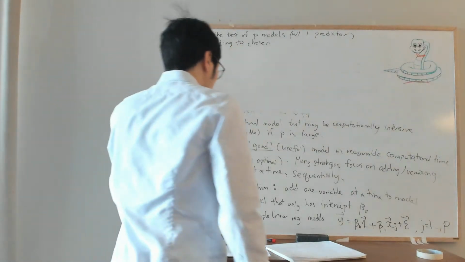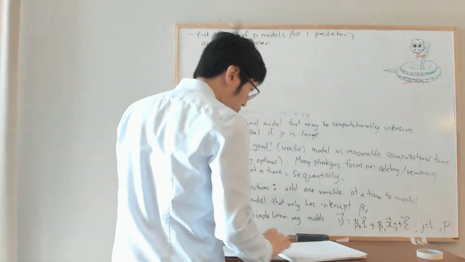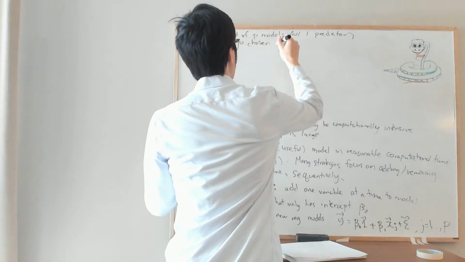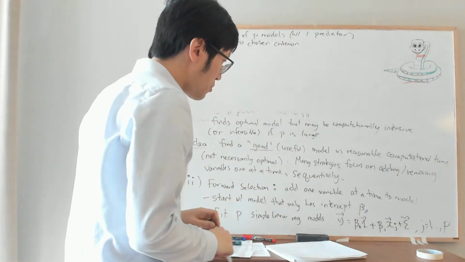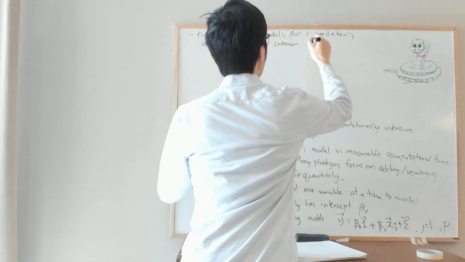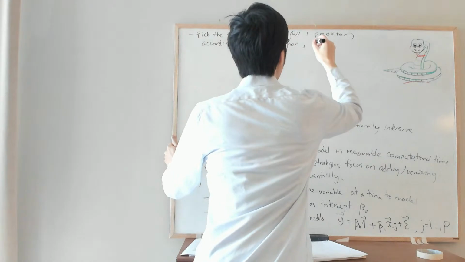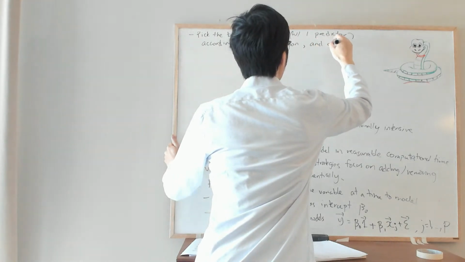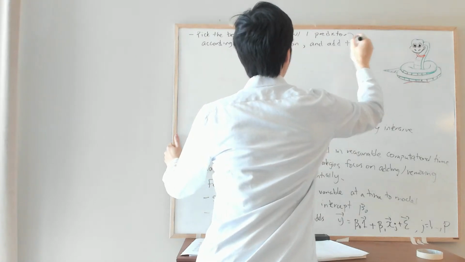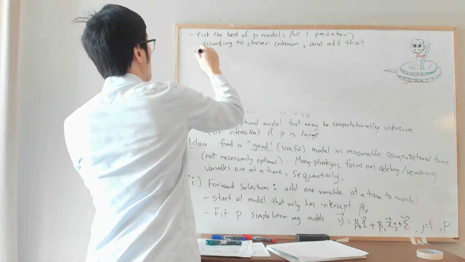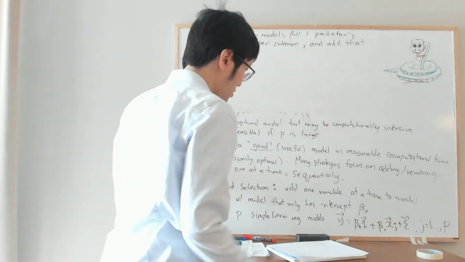We evaluate these p regressions using the criterion we chose, and then we add that predictor, let's call it xj, to the model.